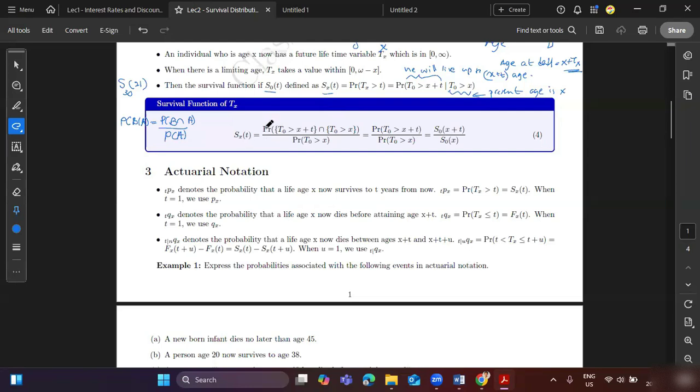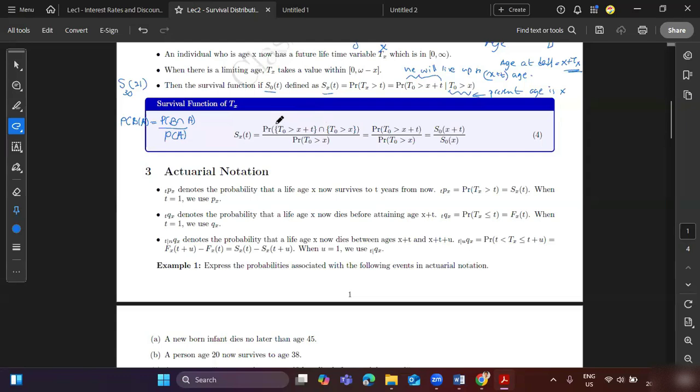This is the same as a person who has lived for X years and survives up to X plus T years, with the measurement starting from birth. Then we can simplify this.